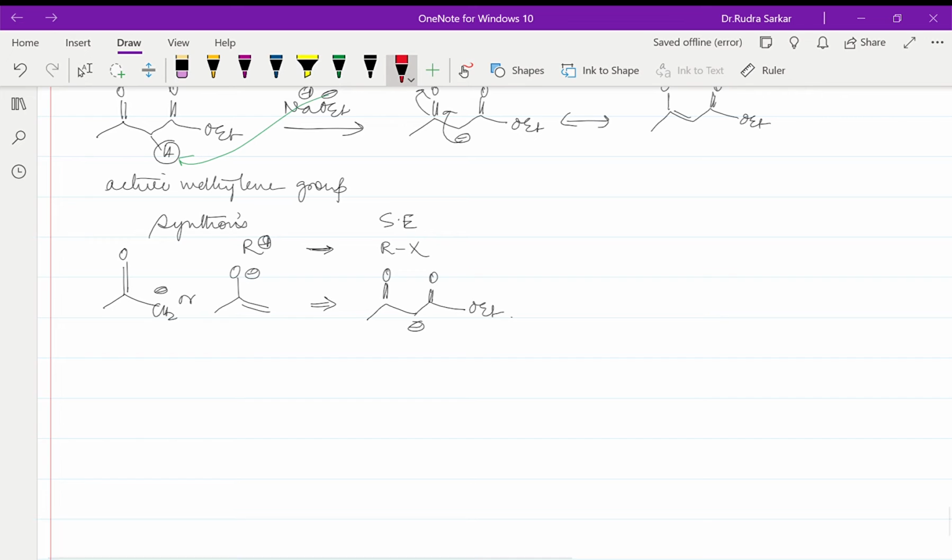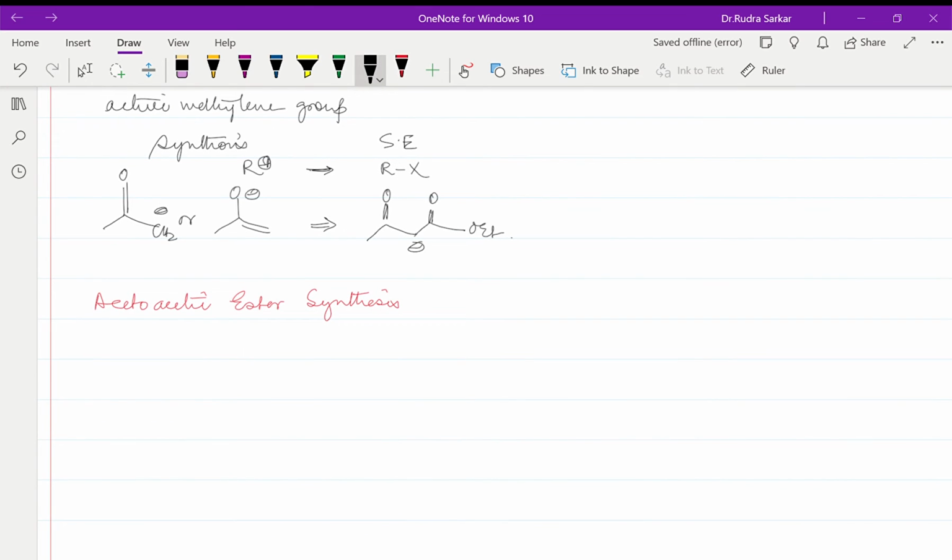let us consider a well-known procedure called the acetoacetic ester synthesis. What do we do in this process? We start off with an acetoacetic ester.